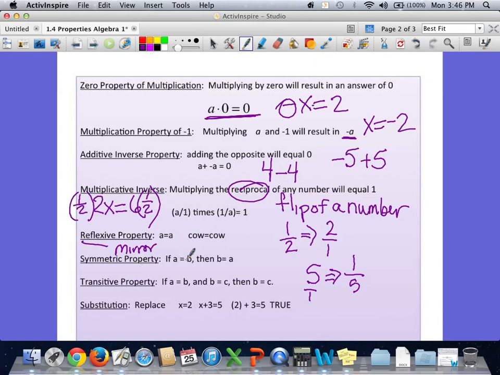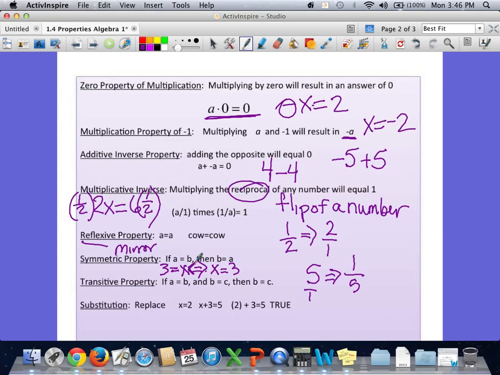So if A equals B, then B equals A. We use this a lot when we have a problem that ends up like 3 equals x. A lot of students don't like the x on the right-hand side, so they'll turn it around. The reason why we can turn it around to where it looks like this is the symmetric property. All we're doing is flipping it around so we can use it.